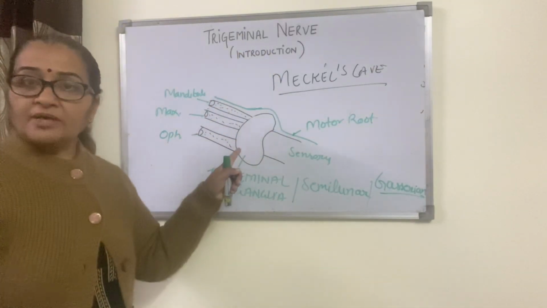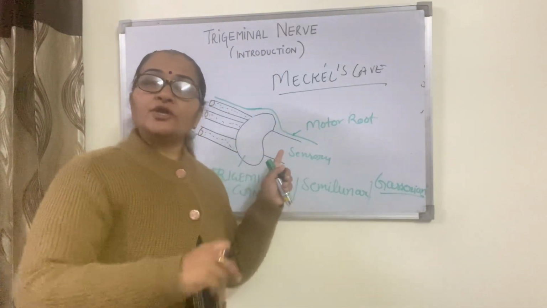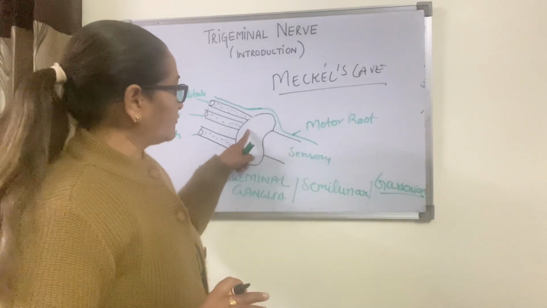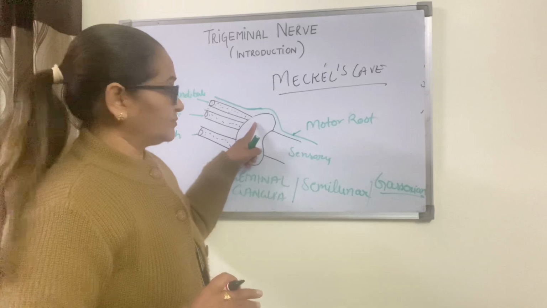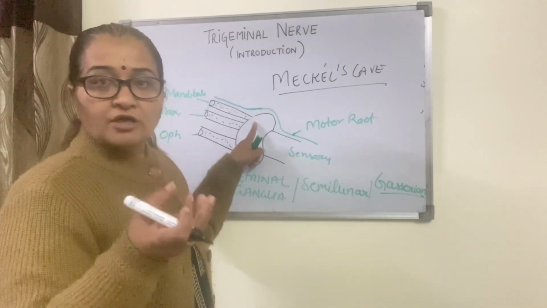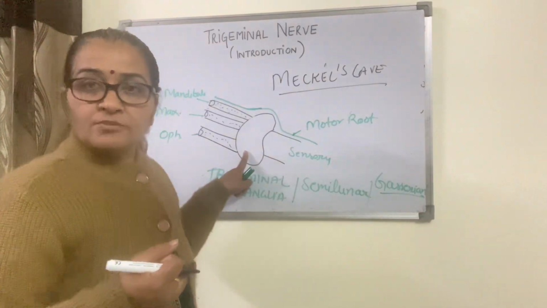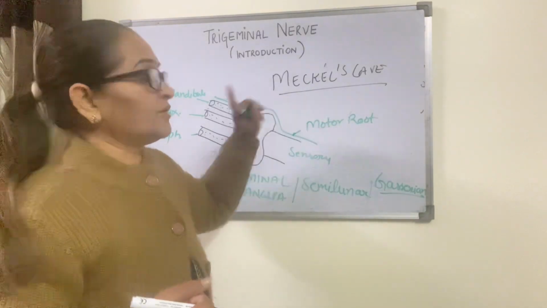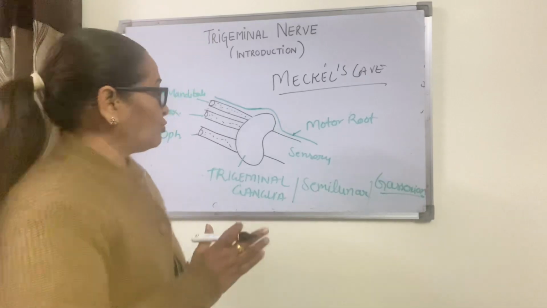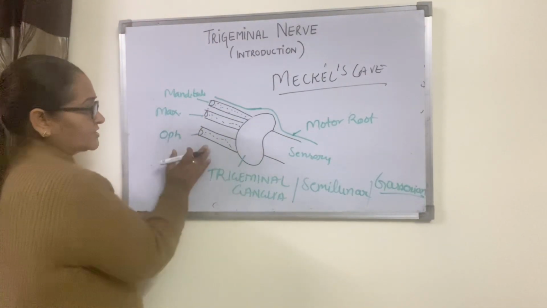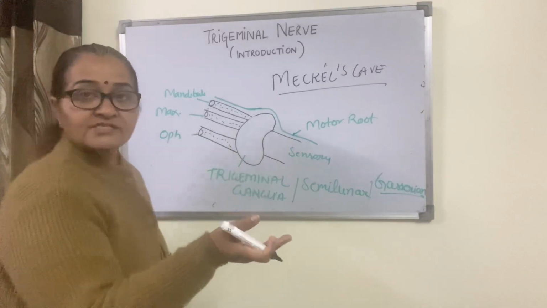Basically, that is the folding of the meningeal layer of the dura mater. That fold of dural sheath, or covering, encloses the trigeminal ganglion, and that is given the name Meckel's cave. From the other end, as the nerve is leaving, we will discuss that in my next lecture.